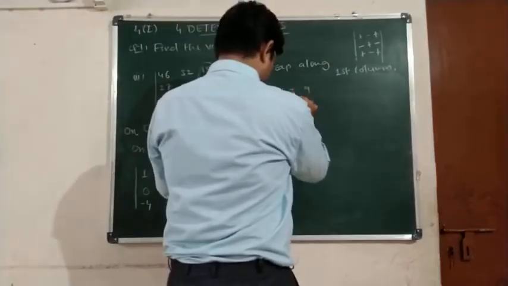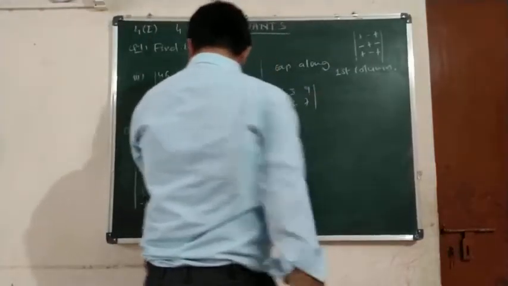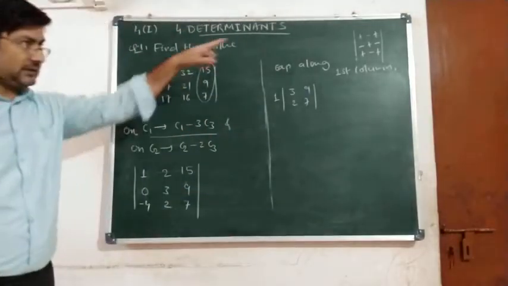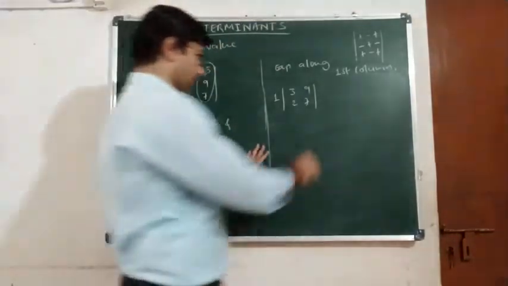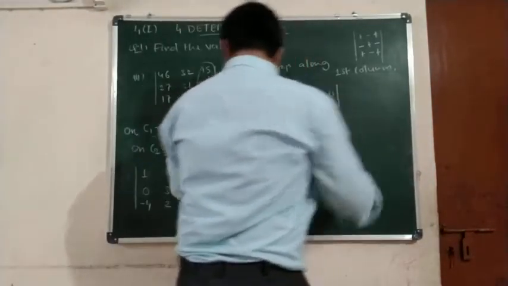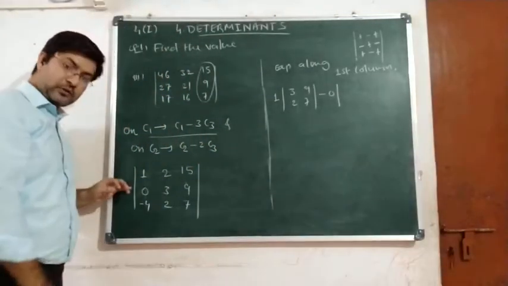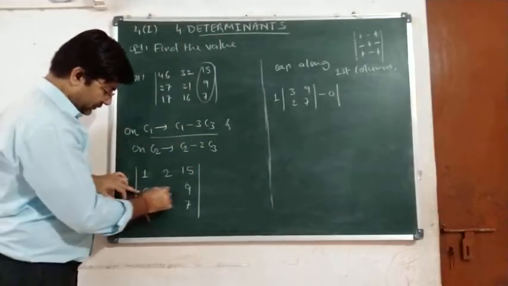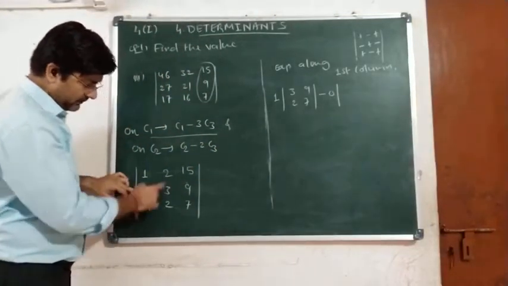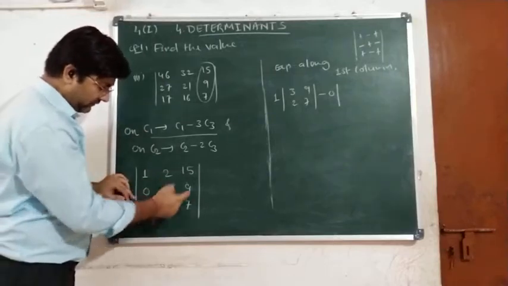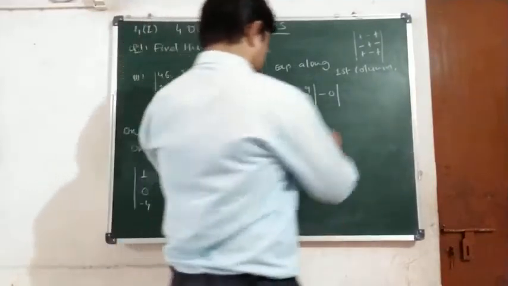So 3, 9, 2, 7. Then minus, look at the sign convention here, minus 0 into, now eliminate the row and the column containing 0. So the second row and first column we eliminate. We get the determinant 2, 15, 2, 7.